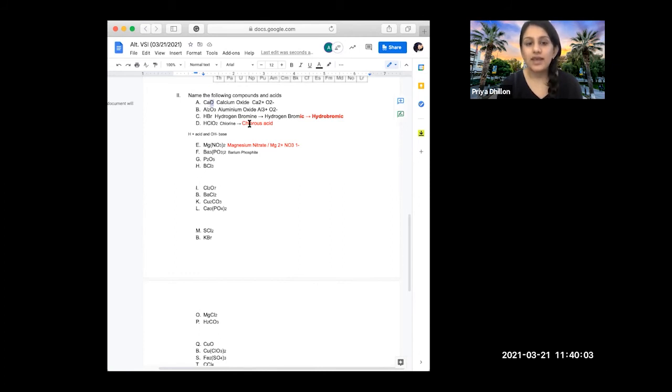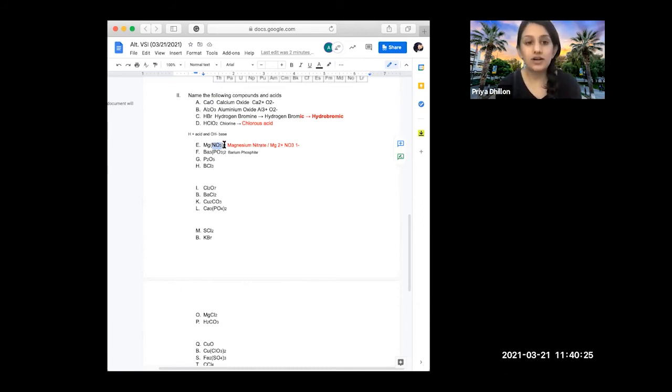And then when we say nitrite, it may have 2 oxygens. Here it's NO3, so it's nitrate, but if it had only NO2, it would be nitrite. And then once it has more, it's going to be nitrate.